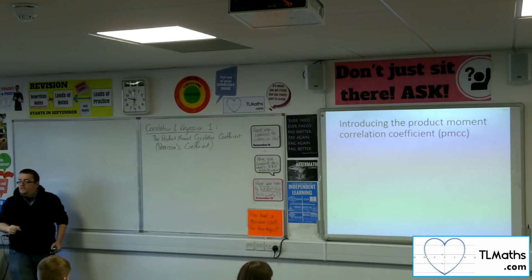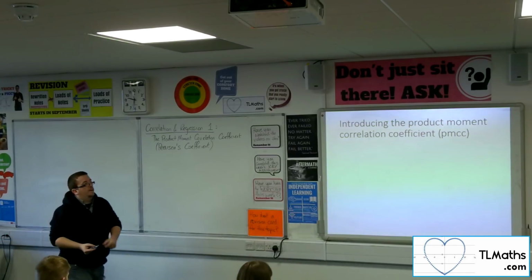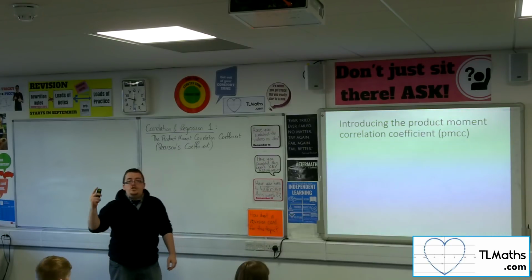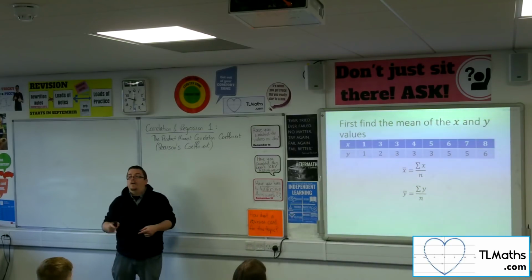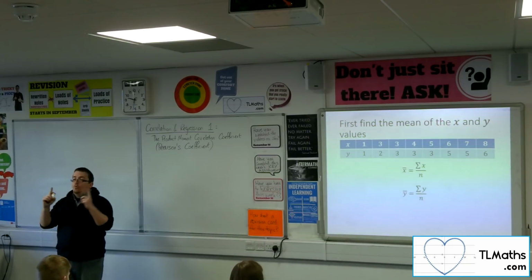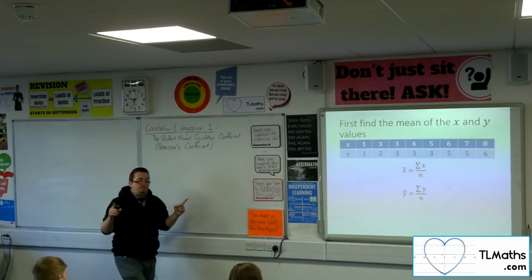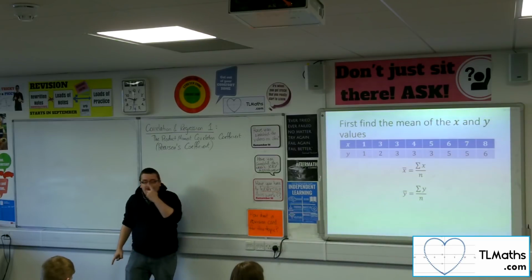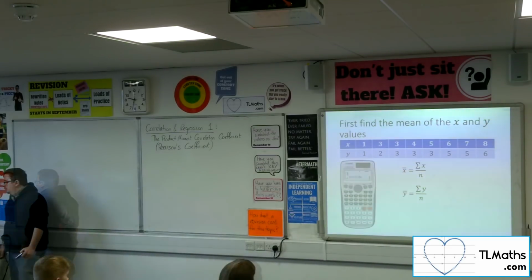Now for the data that you had for your scatter graph, what I'm first going to need you to do is work out the mean for your x's and the mean for your y's. So could you do that for me first?